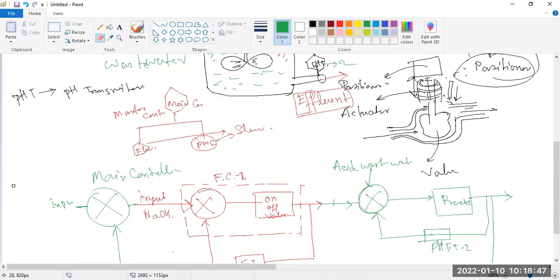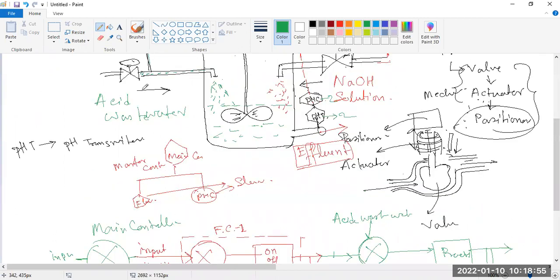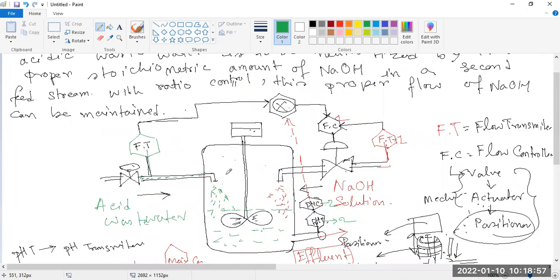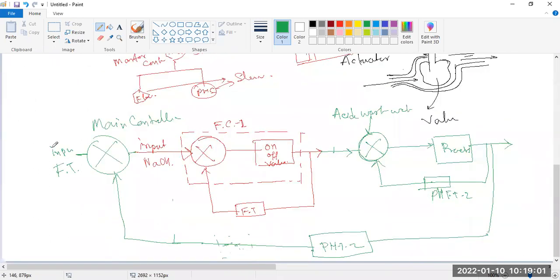So this is the input, it is coming from FT. This is not a feedback. This is the input signal for this purpose. Okay, so this is the total ratio control group. This is the main control. This is the slave one, slave two, and ultimately it will control the output.